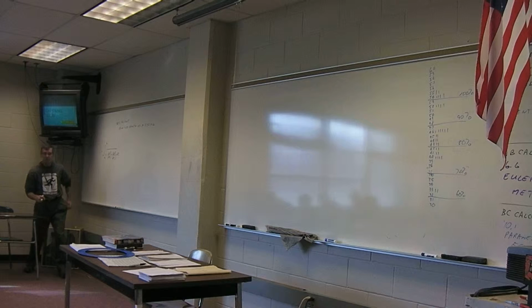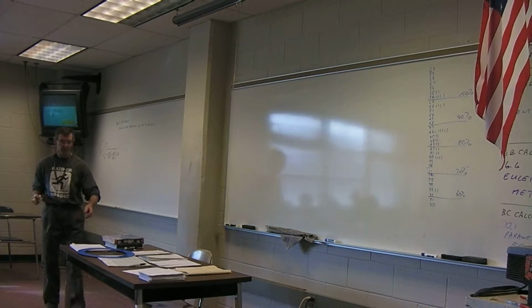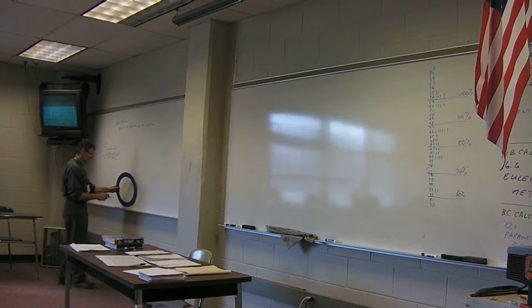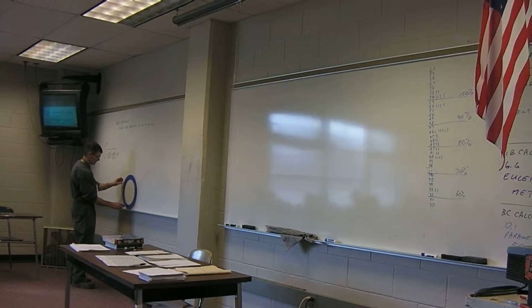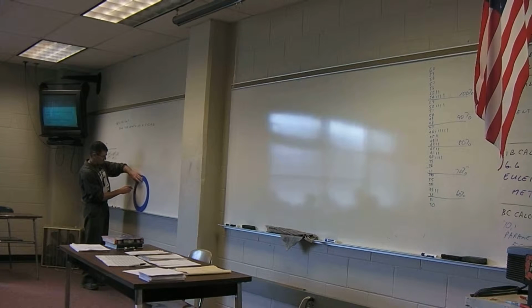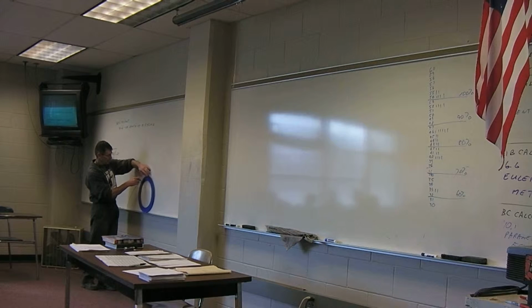Okay? Alright, what is a cycloid? A cycloid is created by taking a circle and rolling the circle with a point on the edge of it.